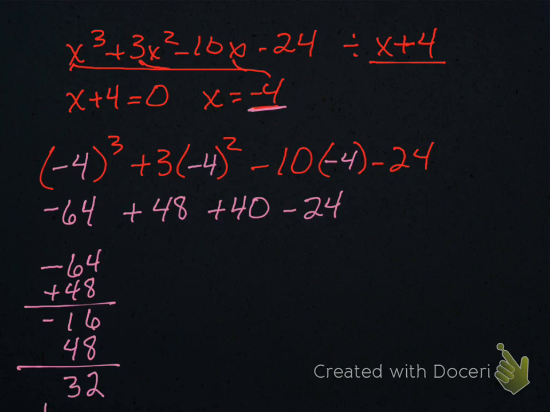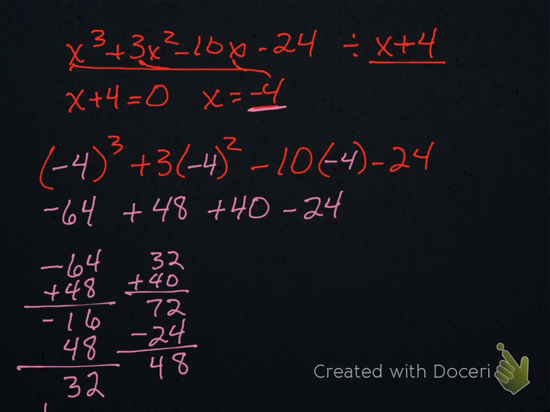Plus 40, 32 plus 40 is 72, and then minus 24 is 48. So we end up with a remainder of 48.